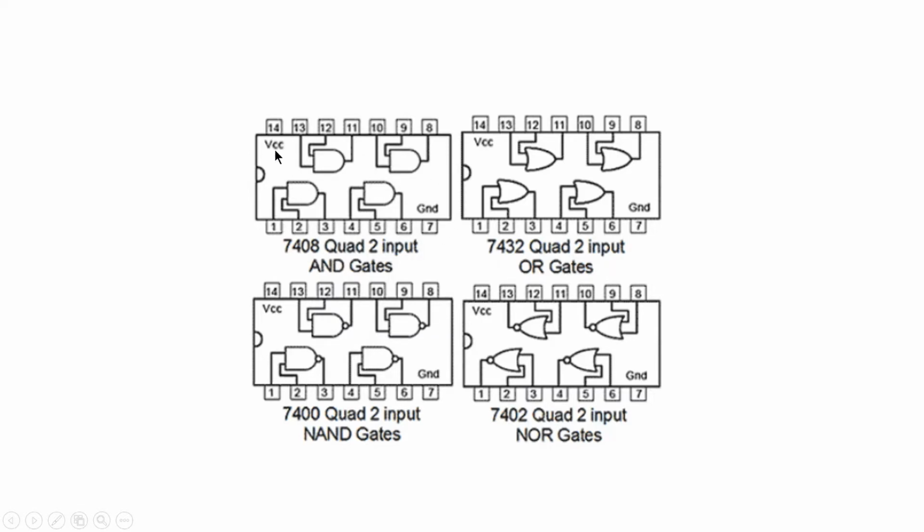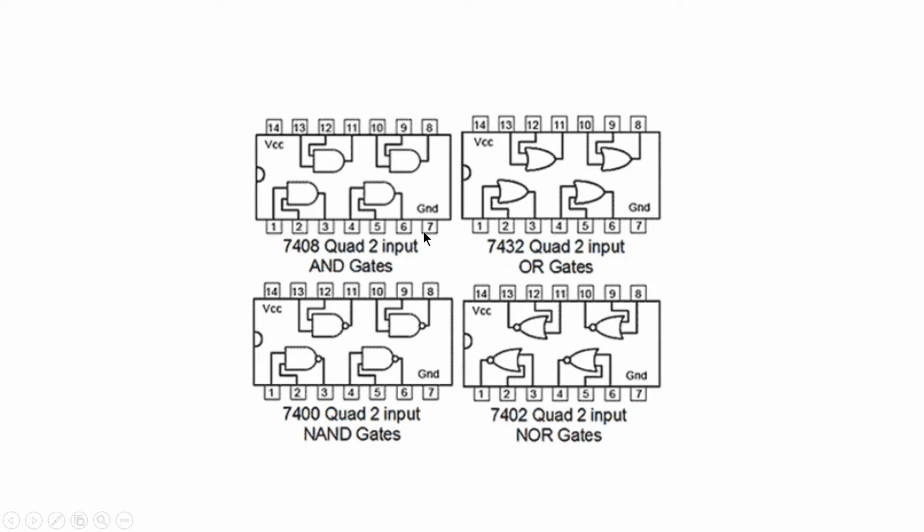When you get the IC, this is the notch. You need to identify this notch first. Then from this side of the notch, you start calculating the pin numbers: pin number 1, 2, 3, 4, 5, 6, 7, 8, 9, 10, 11, 12, 13 and 14. For all the ICs the same thing applies: you need to find the notch first, then start counting the pin numbers from this side.